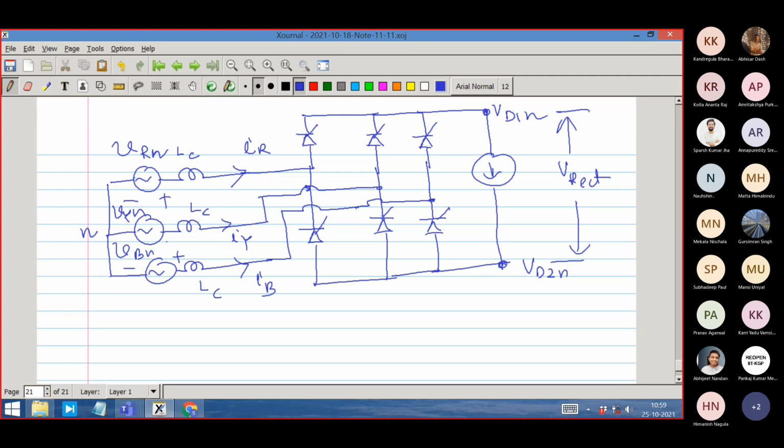So in this technique they produce more voltage by connecting two thyristor bridges, interfaced through a transformer. One secondary winding is star connected, the other secondary winding is delta connected. After connecting that, they fire it in such a way that the harmonic content in the line side, that means in the primary side current, reduces.